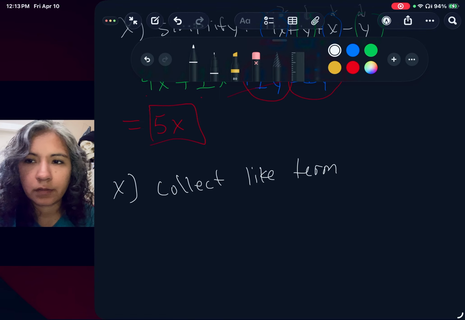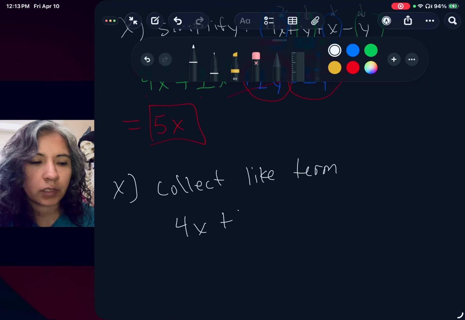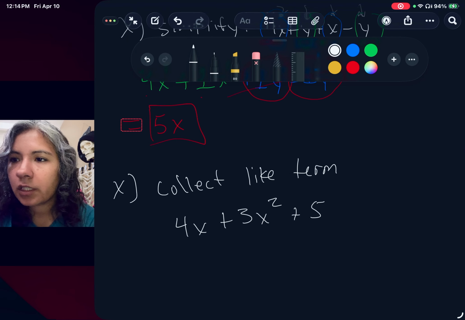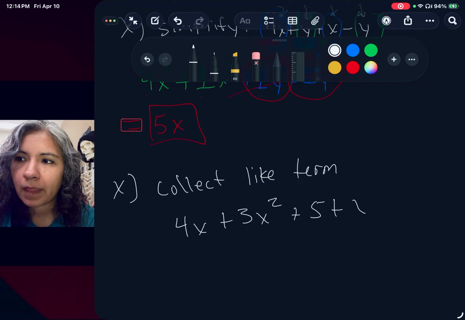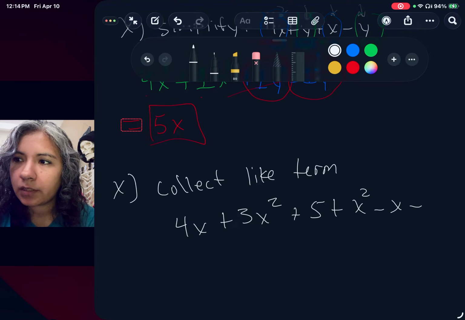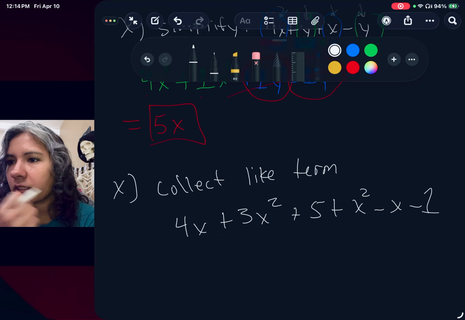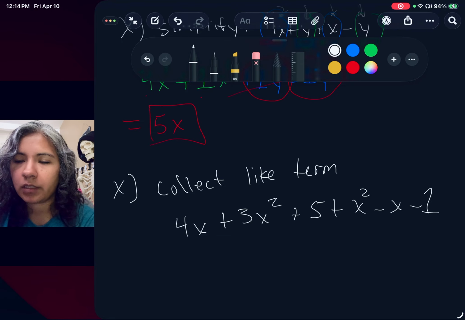So let's do 4x plus 3x squared plus 5 plus x squared minus x minus 1. So let's rearrange this by the commutative property and what the like terms are.